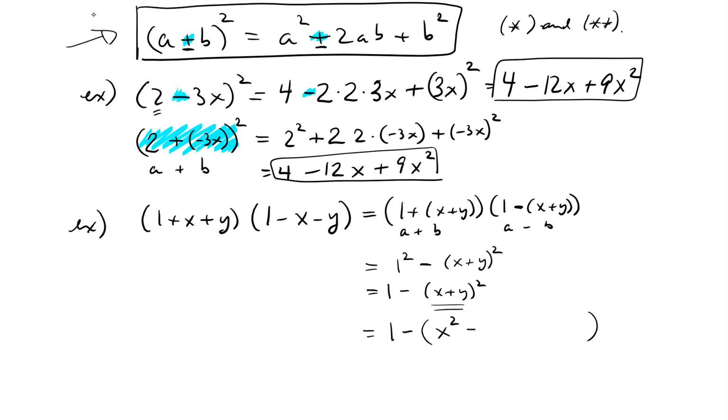It's x squared plus 2xy plus y squared, and ultimately I will distribute my minus sign. So you see the problem: if I don't put brackets, that's not equal anymore, because the minus sign would only apply to x squared, but it needs to apply to everything. So that's why the brackets are so important in my second to last step.